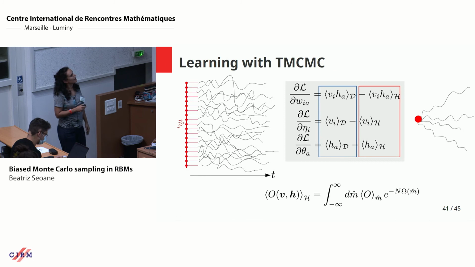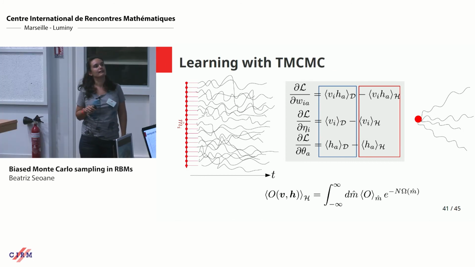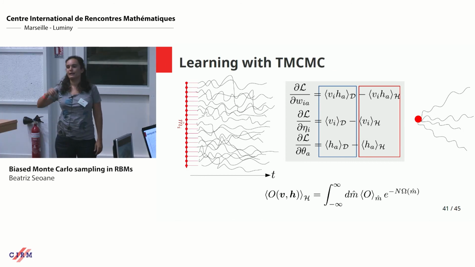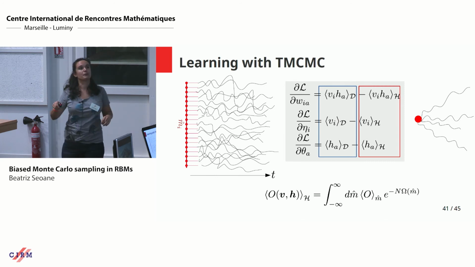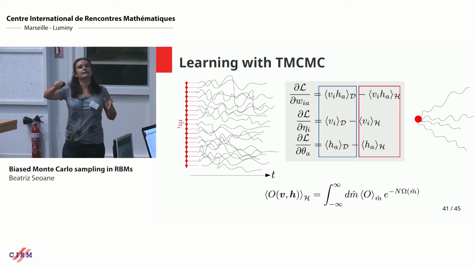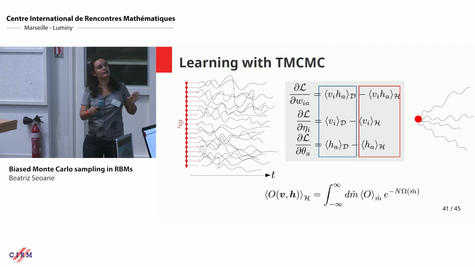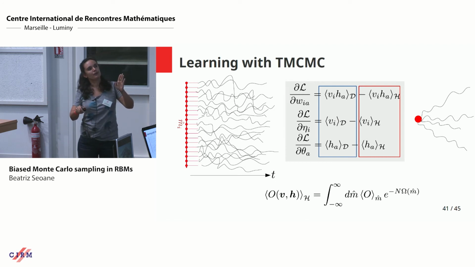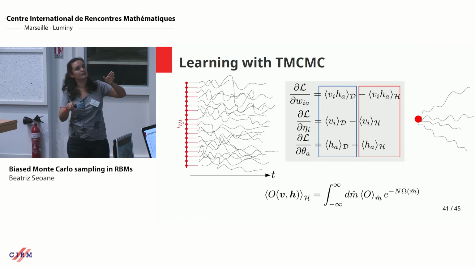Okay, so coming back to the learning, what we have to do, okay, before we had many parallel samples to compute this. Here we are having parallel samples of different m hat. In practice, we also use a few samples in parallel to increase the statistics, but at the end, it's not very different from the point of view of number of simulations.